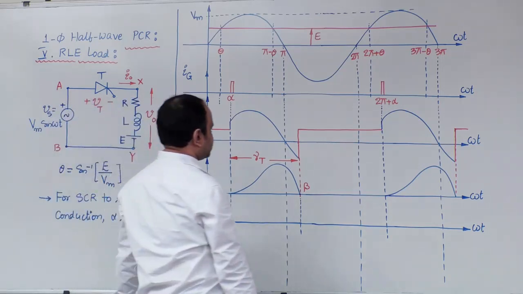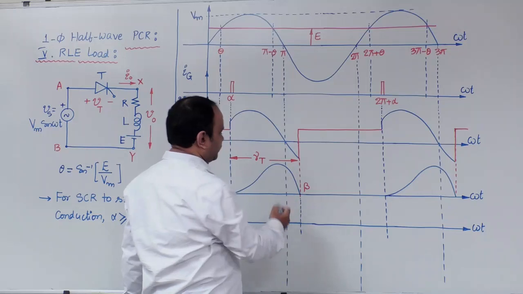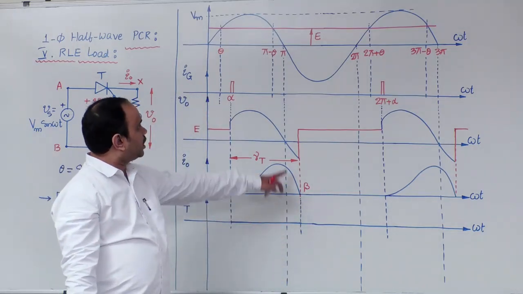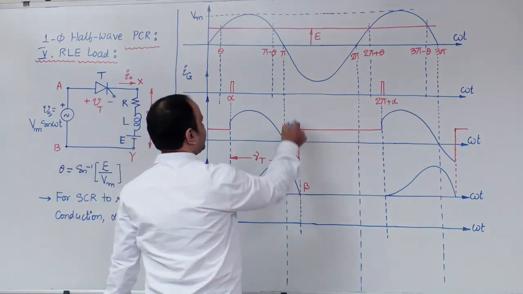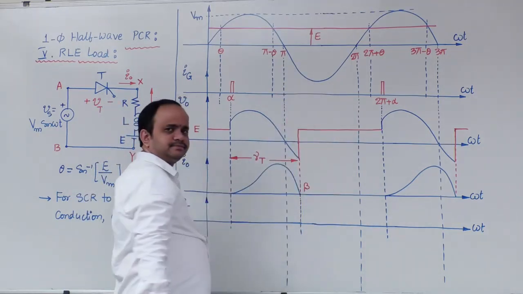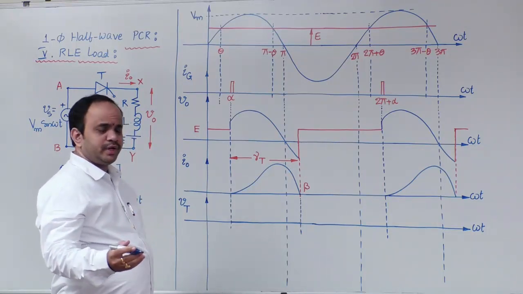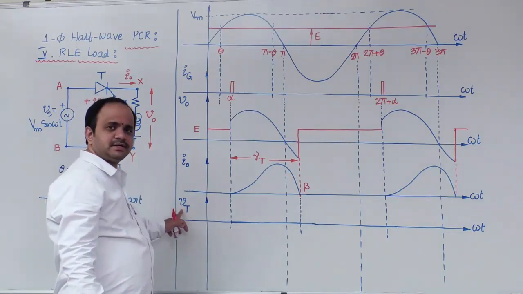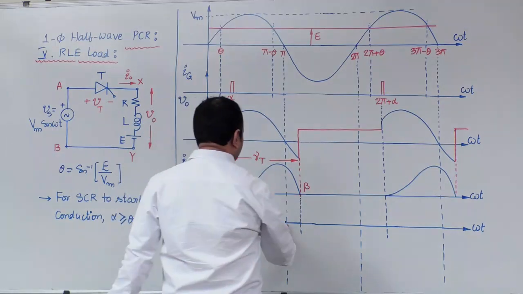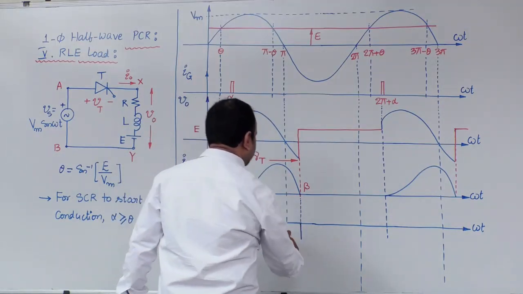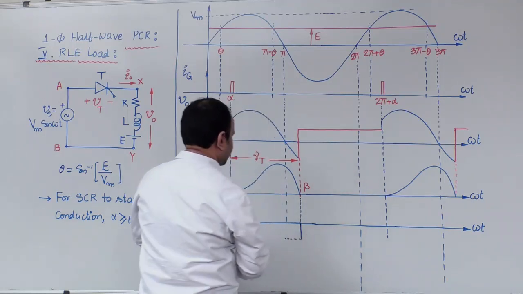So let us draw that. Now follow carefully. At omega t equal to beta, what is the source voltage here, the anode voltage? That is Vm sin beta minus load EMF, which will give you the voltage across SCR. Anyhow, that value will be negative, so it will be a little bit below the x-axis.